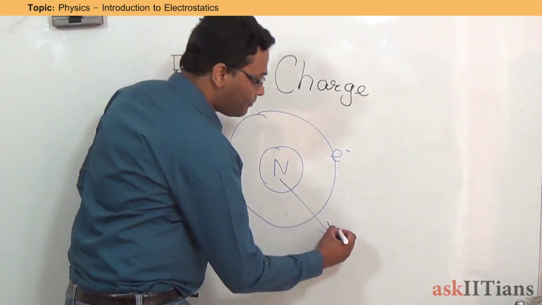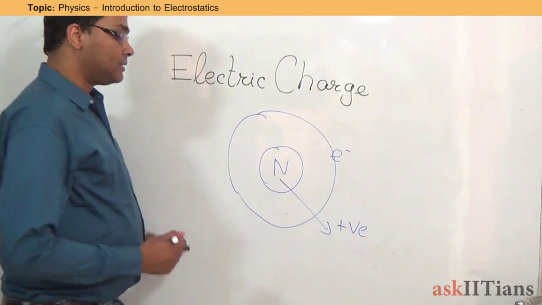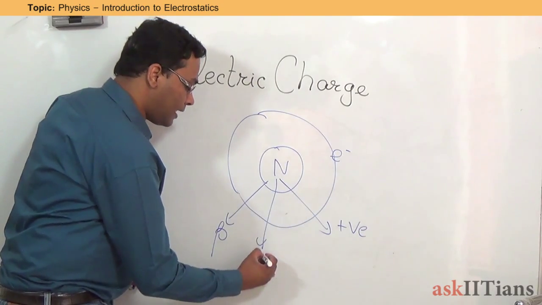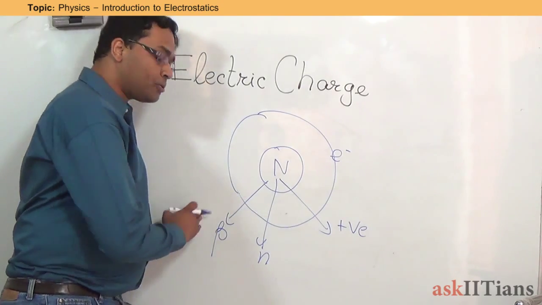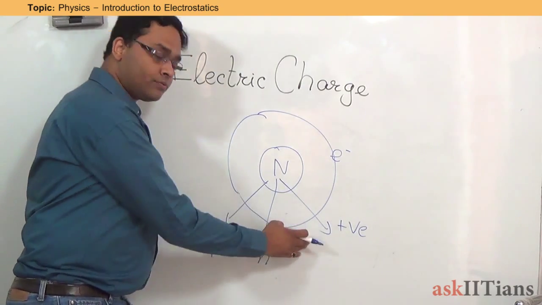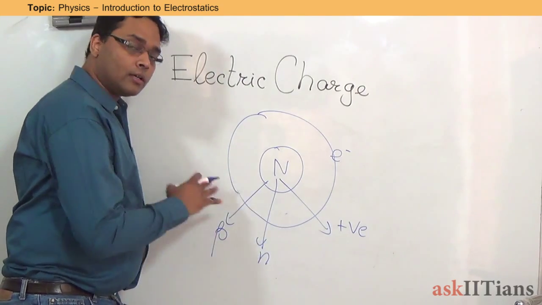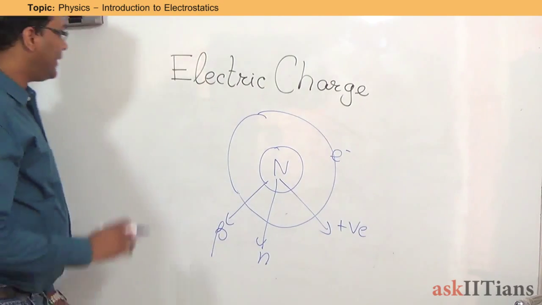having some amount of positive charge. It does have, because it is composed of protons and neutrons. The protons take care of the positive charge and the neutrons are neutral. Therefore, the whole atom on the whole is neutral, right?